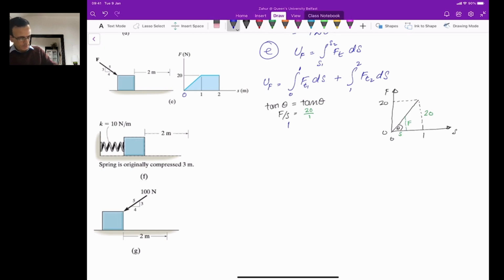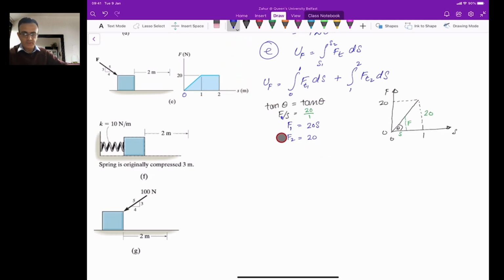From here we get the equation of f, this Ft or f, which is 20s. So we derive the equation between f and s for this first part from 0 to 1. This is our f1, and f2 is just constant, so it will be just 20.